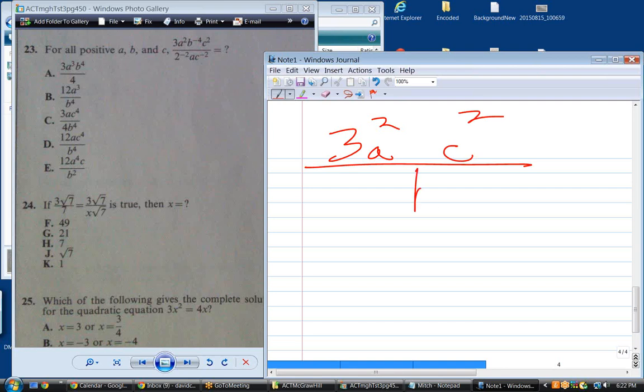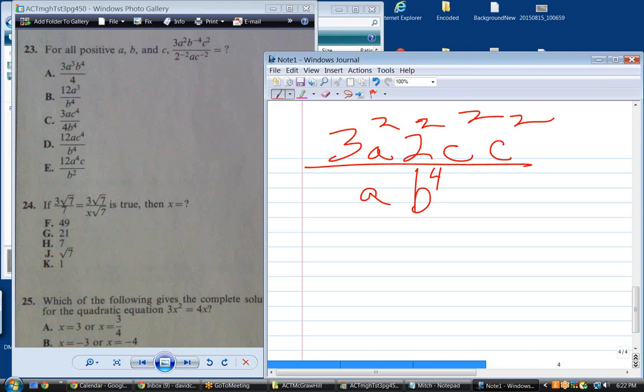So I'll put the b to the 4th down there. And then this 2 to the minus 2, I'll put up here, changing its sign. The a stays down there, and the c to the minus 2, I have to put another one and change its sign. Okay, now that's much more simplifiable.